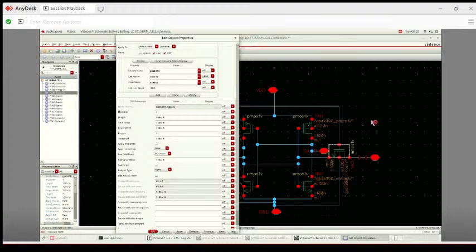So 0.75 into 120, or we can say just make it 180. So 180 divided by 120, we will get 0.75.